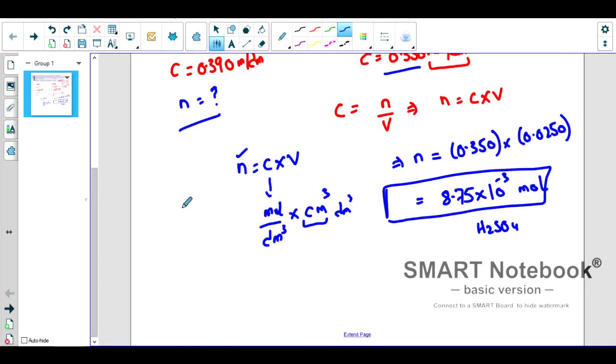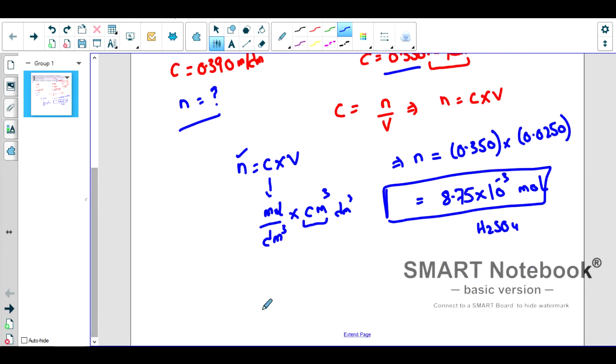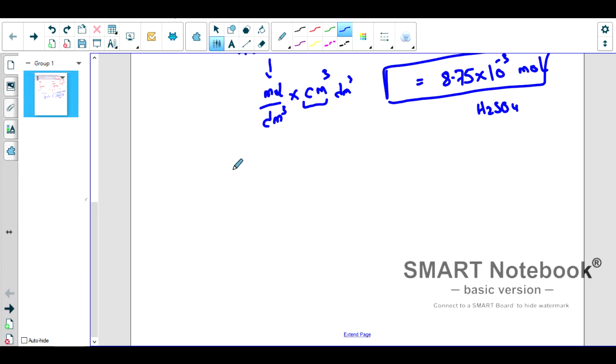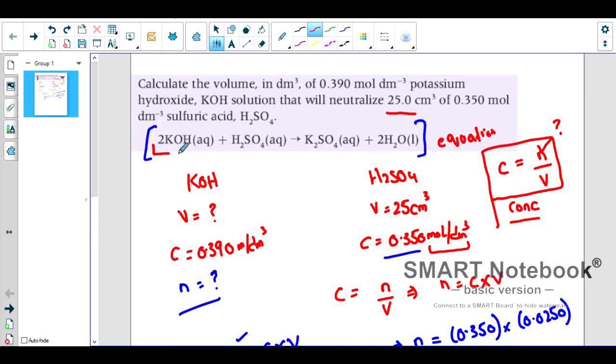But we have one thing in our question, which is the equation. With the help of this equation we can calculate the number of moles of KOH. If you see the equation, you can see the relation: 2 moles of KOH react with 1 mole of H2SO4. So their ratio is 2:1. It means that the moles of base are double the acid. If it is 1, it is 2.